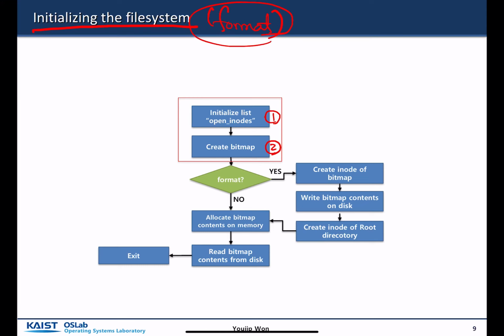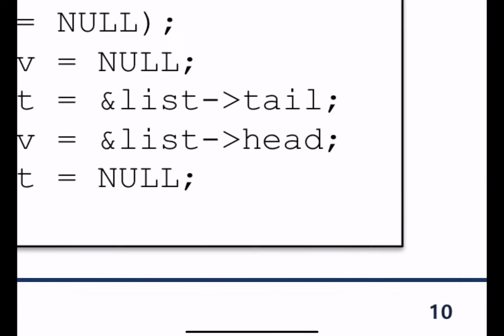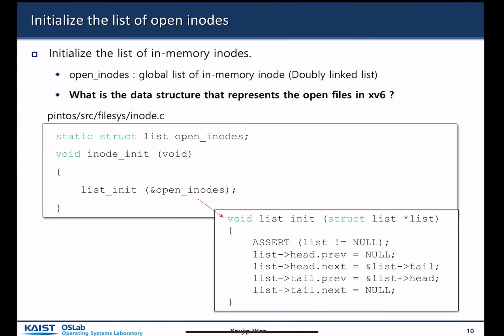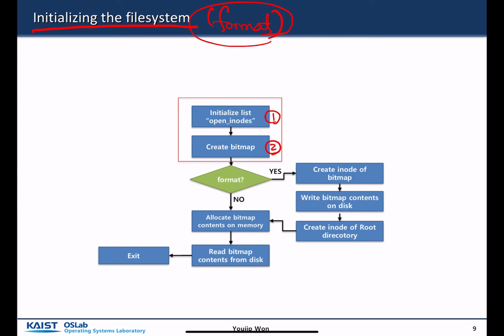Format consists of creating the inode of the bitmap file and saving it to the disk for crash recovery, and then creating the root directory. There are two things. Okay, let's look at the actual code.